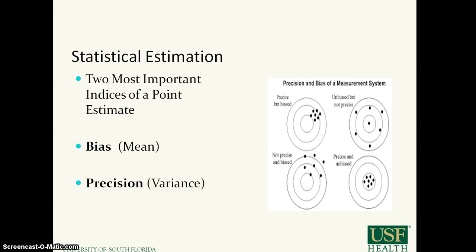Then you have not precise and biased. This is the worst scenario. And you have precise and unbiased. This is the best scenario. So statistical estimation is about finding estimates which are precise and unbiased.